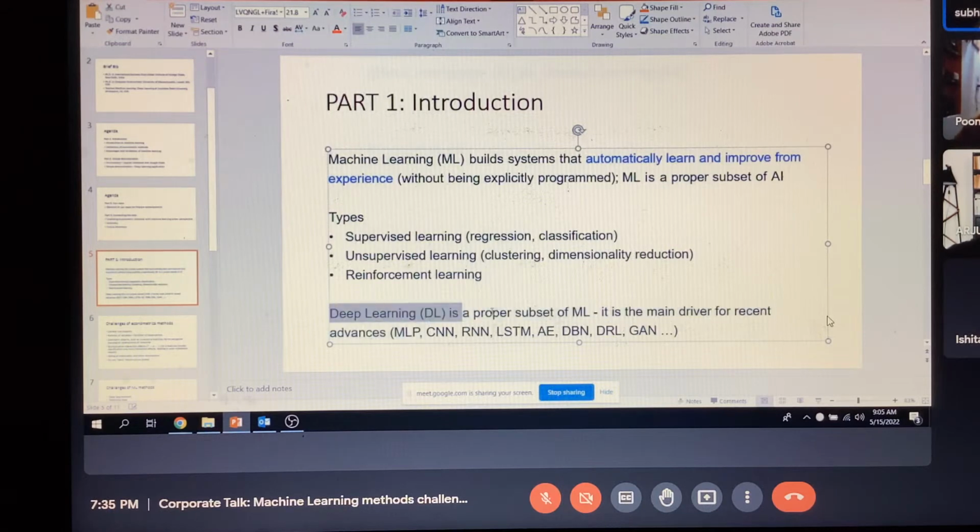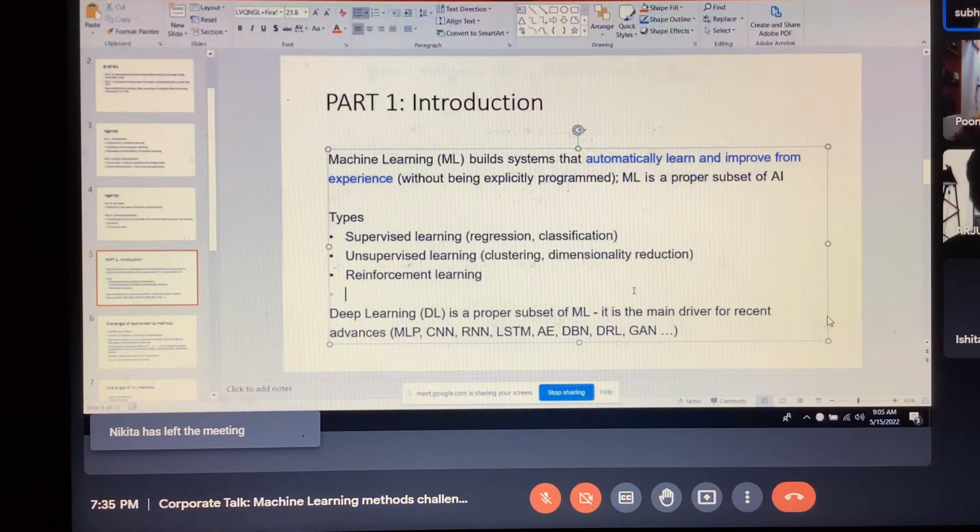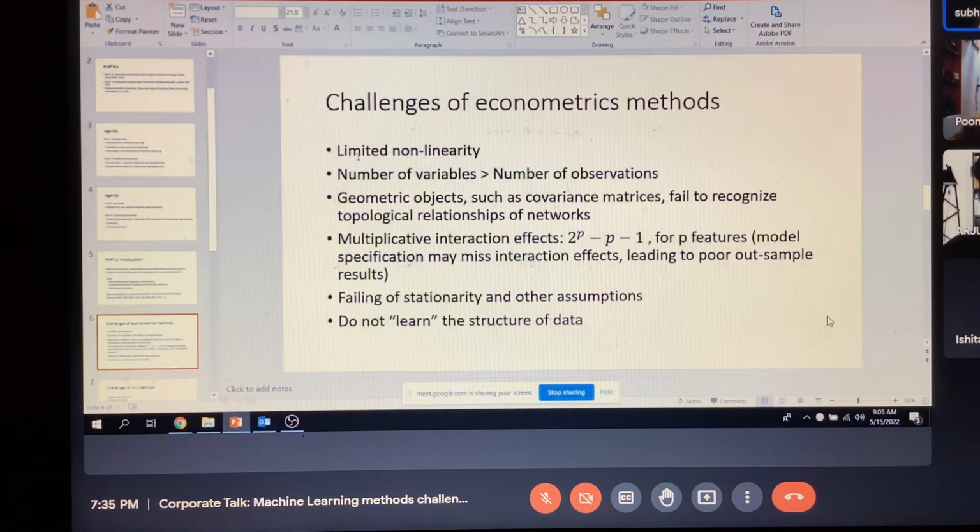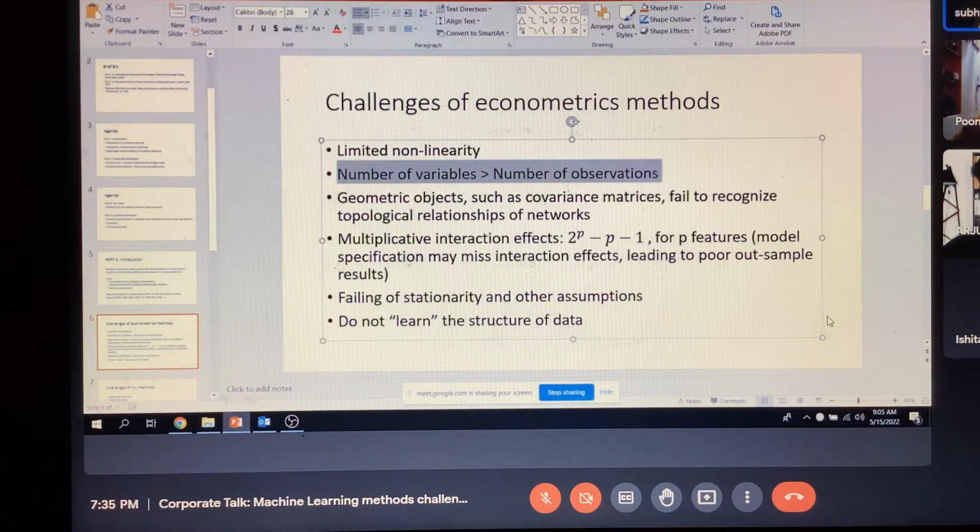And I mentioned deep learning in general being the driver for recent advances, and I mentioned deeper layers. I mentioned the limit: if the number of variables is greater than the number of observations, then you're in trouble. In that case, you might like to do a dimension reduction, of course.